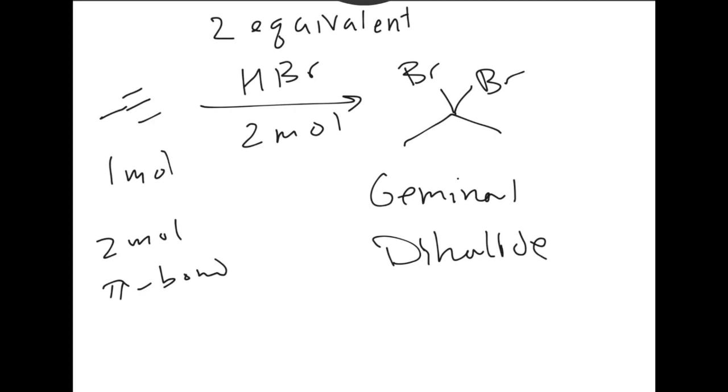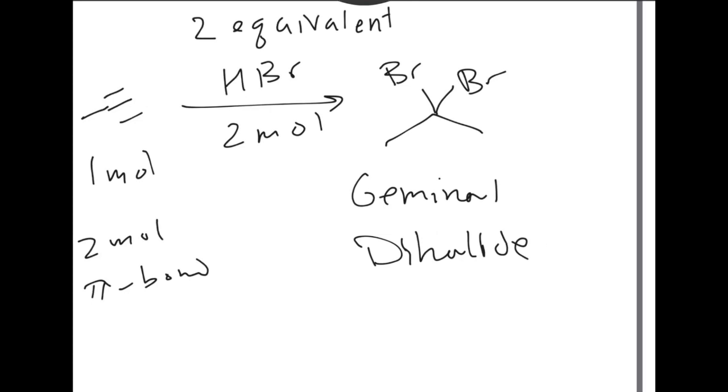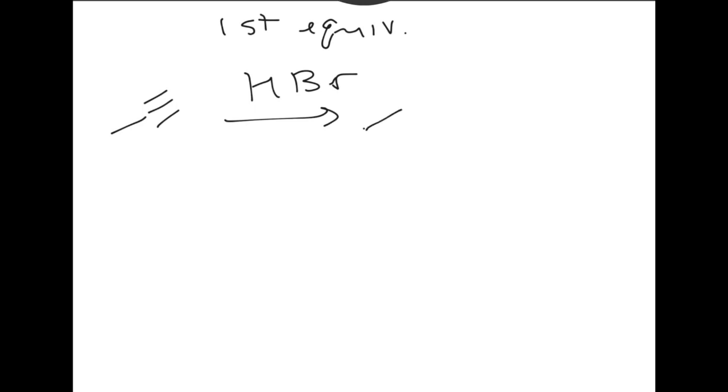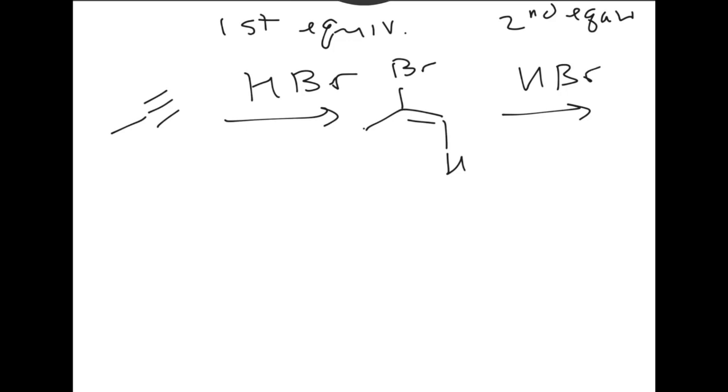So why do the bromides end up on the same carbon? So we think about what's happening, right? You have your HBr, you have your first equivalent of HBr. It reacts with the alkyne, and it makes a vinyl halide, right? Now that second equivalent of HBr that comes in to react, it's not reacting with an alkyne anymore, right?